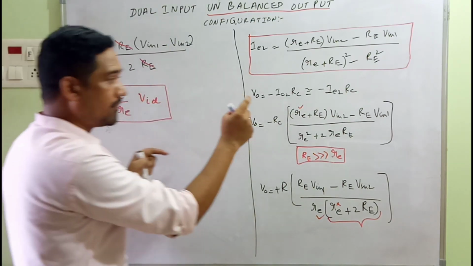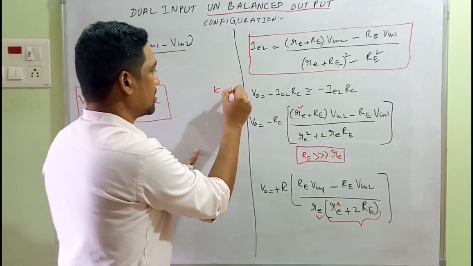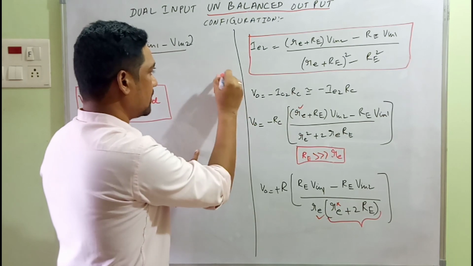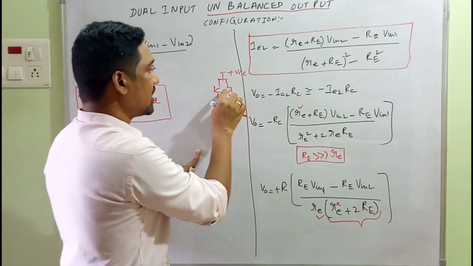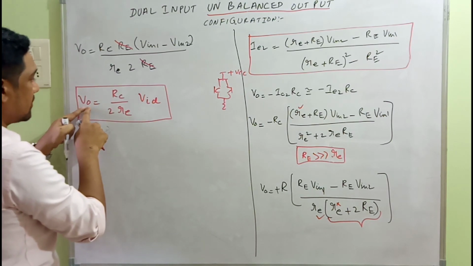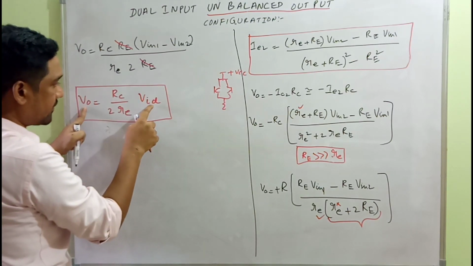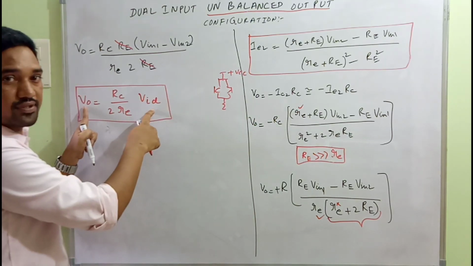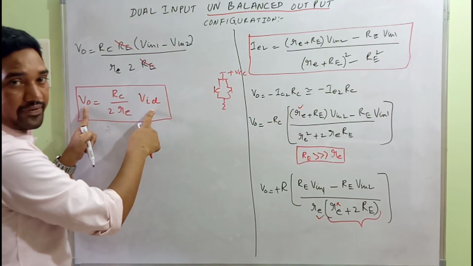And so that configuration, which configuration? Two transistors connected like this one, back to back. This configuration is known as a differential amplifier, because this is the reason: the output is directly proportional to the difference of the two inputs, and so this amplifier configuration is known as a differential amplifier.